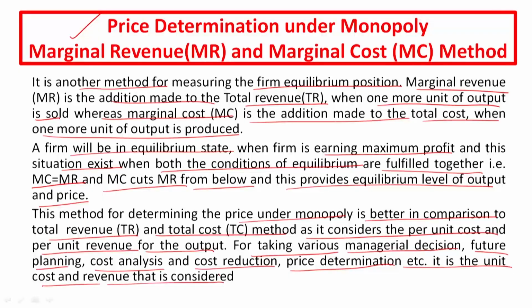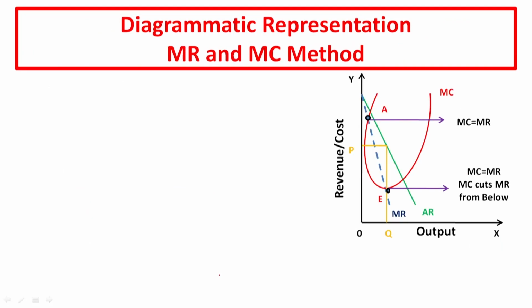And for taking any managerial decision, it is always the per unit that is considered more important in comparison to the total. And for deciding the equilibrium point, two conditions need to be fulfilled. That is, MC is equal to MR and MC cuts MR from below. This will give the equilibrium output and equilibrium price.